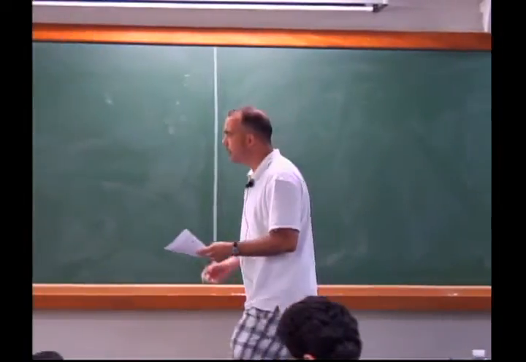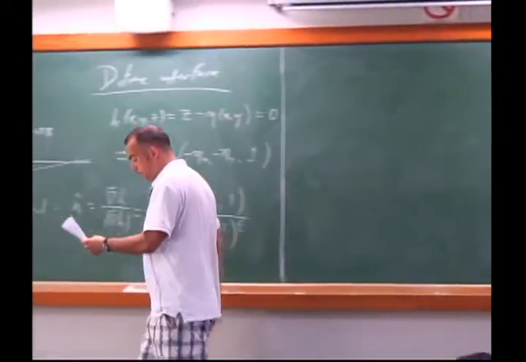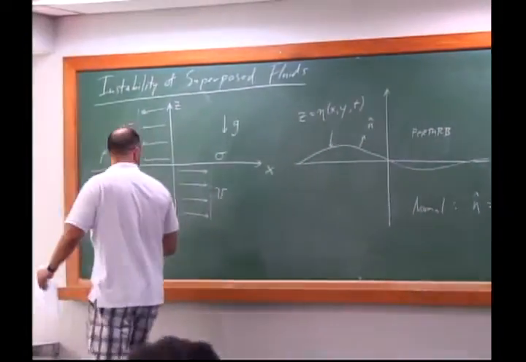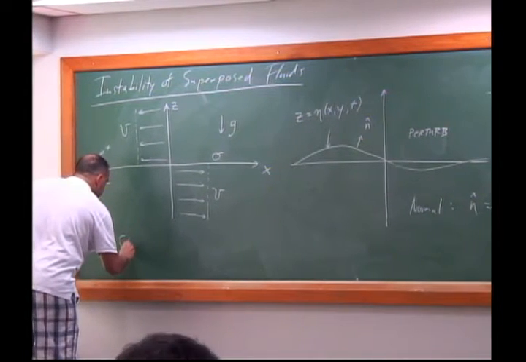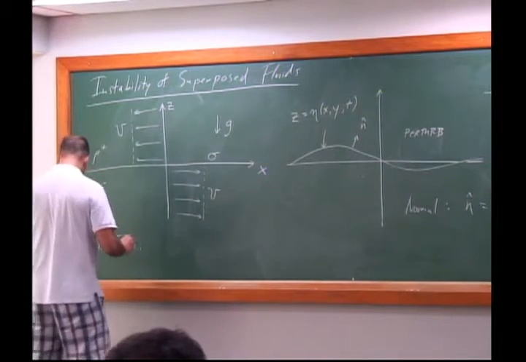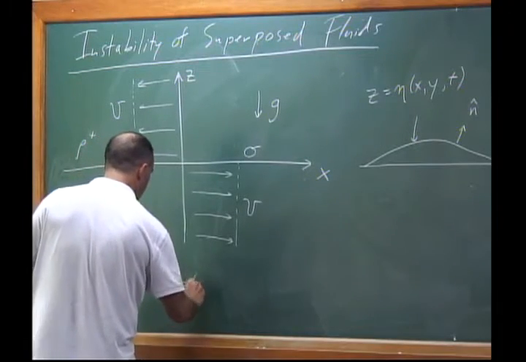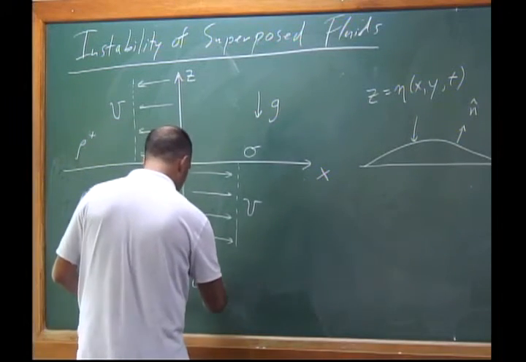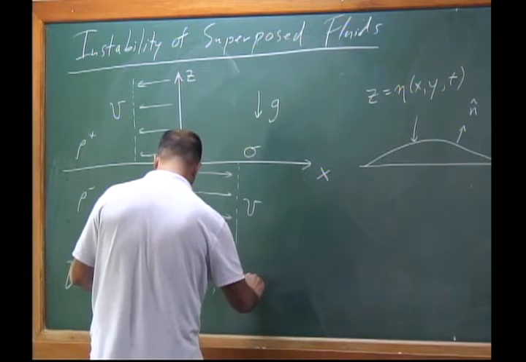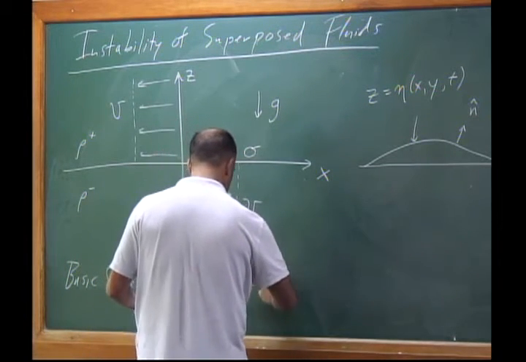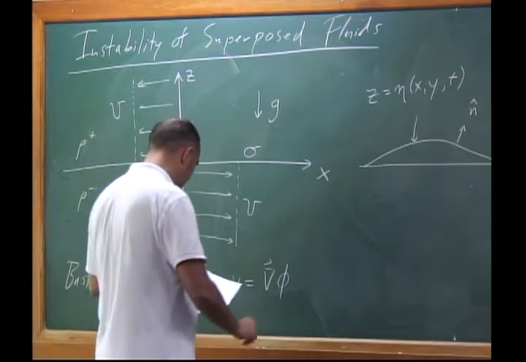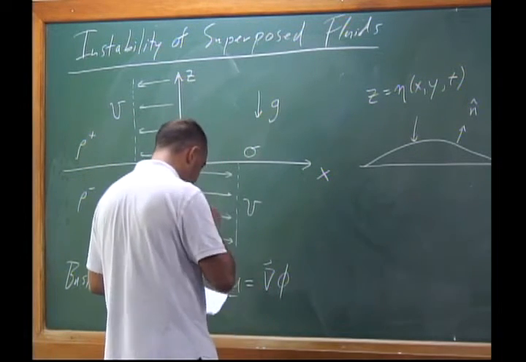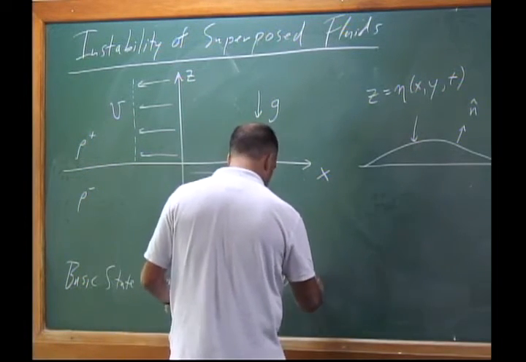So our basic state, our interface is flat, and we have a velocity field which can be expressed in terms of the gradient of a velocity potential.